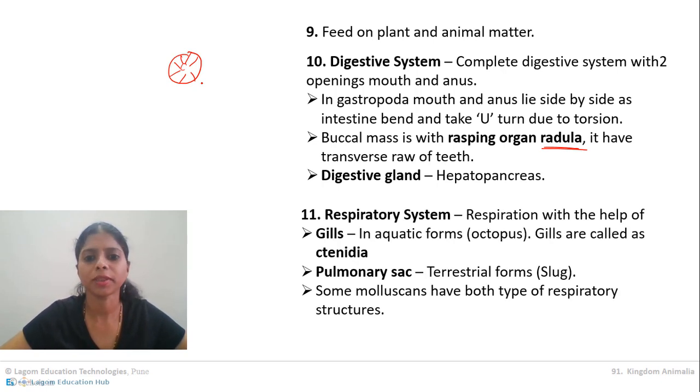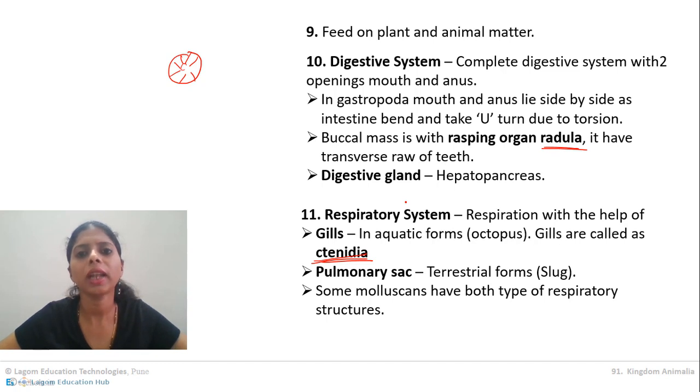Then respiration is either by gills. In all aquatic forms, respiration is by gills, and the gills are called ctenidia. Remember this. Respiration can also be done with a pulmonary sac, in the case of the snail, which is a terrestrial animal.